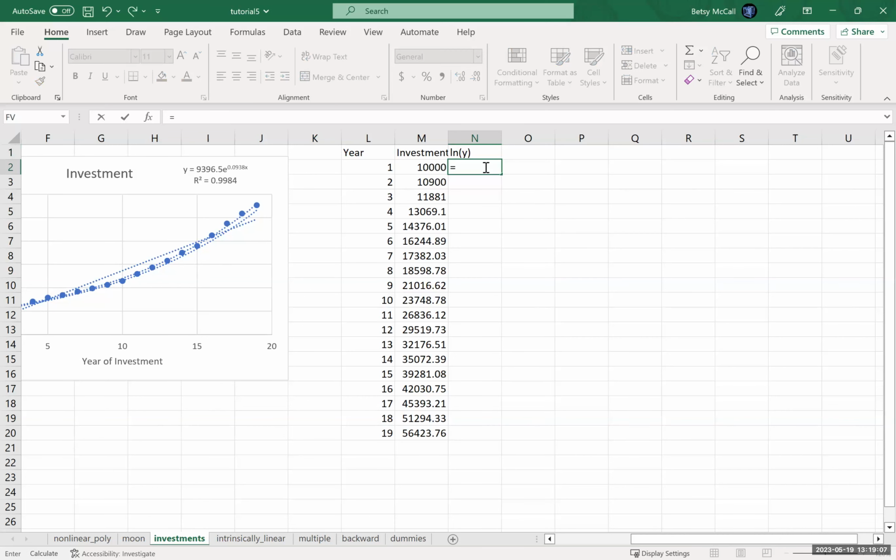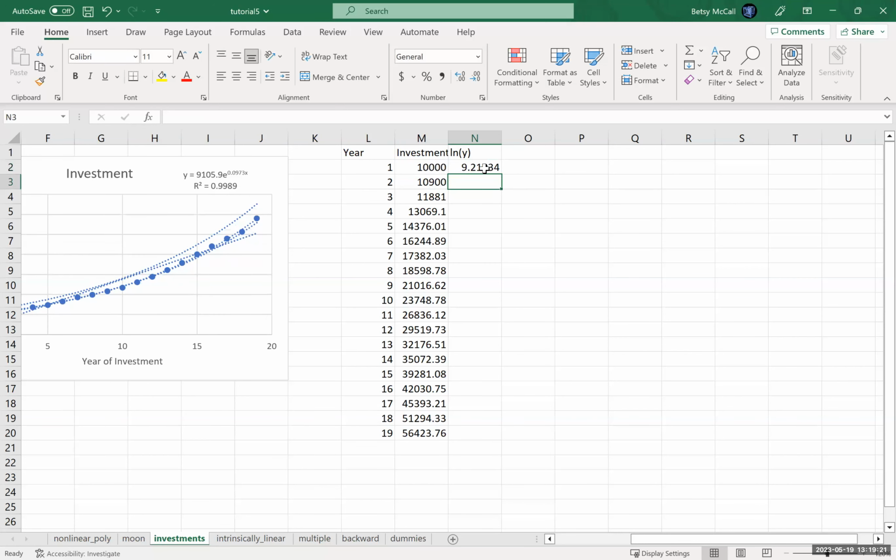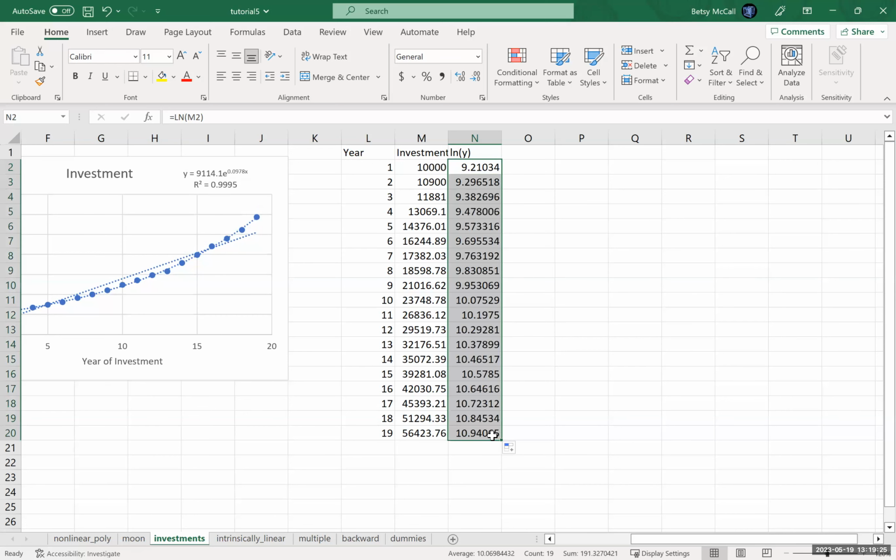Notice this will update every time I hit enter, and you can mostly ignore it. Log of y is going to be ln of that. And just to be aware, it is okay to use log base 10 or some other base.